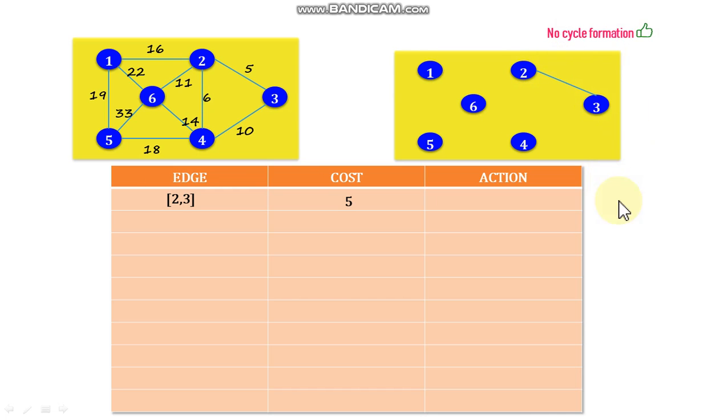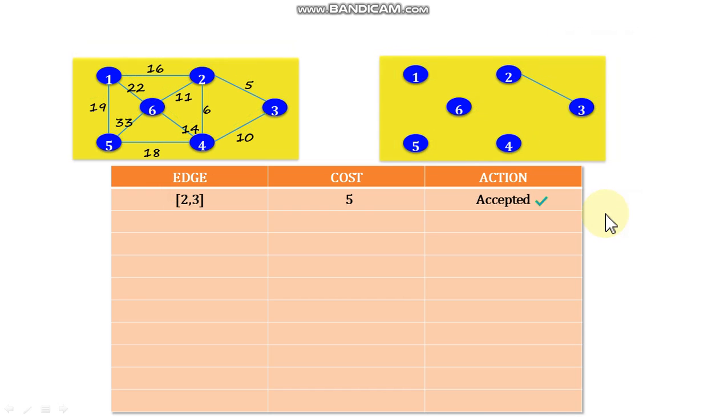No cycle has formed, so we can accept this 2 to 3 edge in our minimum cost spanning tree. Then the second smallest cost is 6, corresponding to edge 2 to 4. I am drawing the line between 2 and 4. No cycle has formed, so we can accept this edge also.